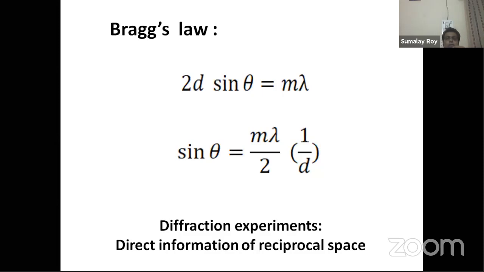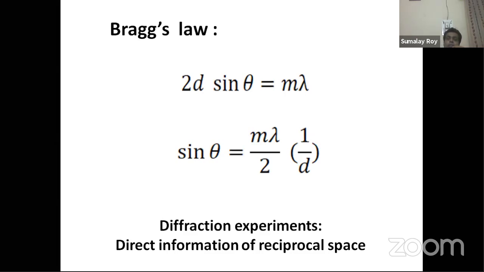Now, if you see this equation carefully, sin theta equals m lambda by 2 times 1 by d. What we determine from the experiment is theta, or sin theta, whatever you say. We cannot determine d directly. What we determine is sin theta, and sin theta is proportional to 1 by d if lambda is constant, as you can see.